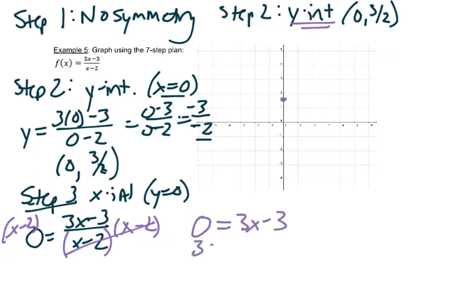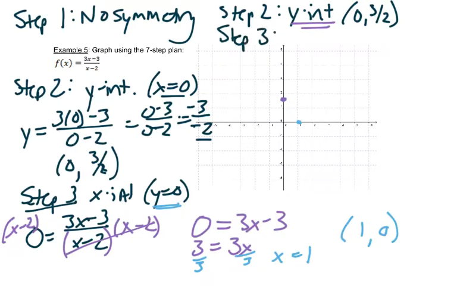Add 3 to both sides, and divide by 3, and get x equals 1. So x is 1, and I made y be 0, which gives me a point on the x-axis at 1. So step 3 was the x-intercept at 1, 0, and I graphed that in blue.